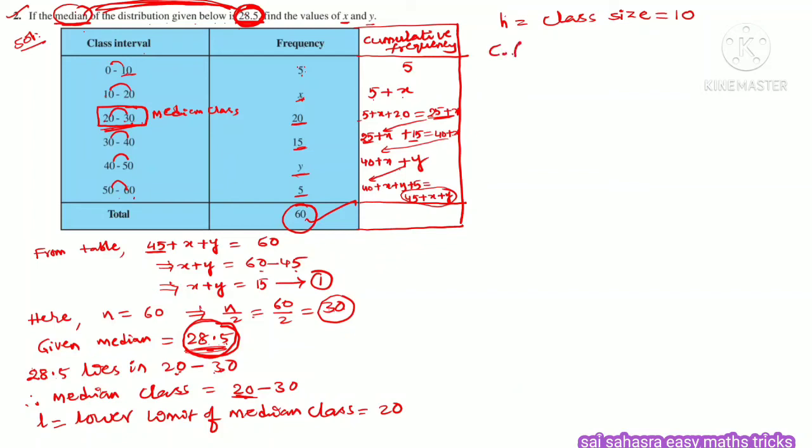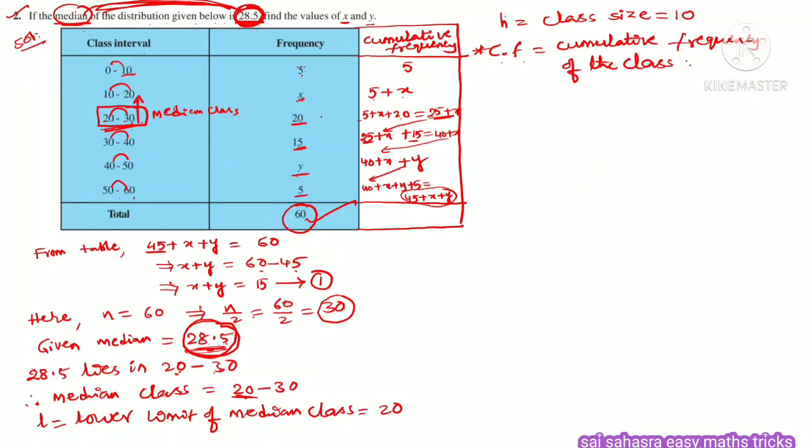CF, this is important one. CF, students will commit the mistake here only. CF means cumulative frequency of the class. Students will write median class cumulative frequency, but we should not write median class cumulative frequency. We have to write cumulative frequency of the previous class.